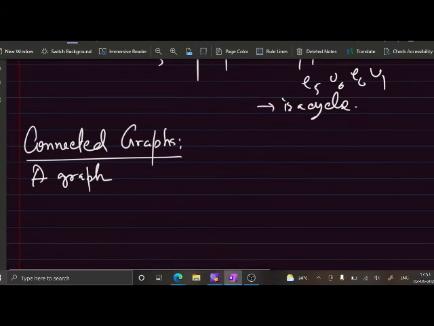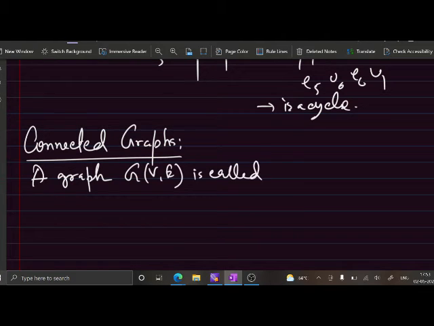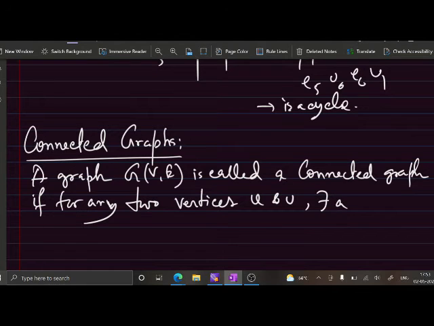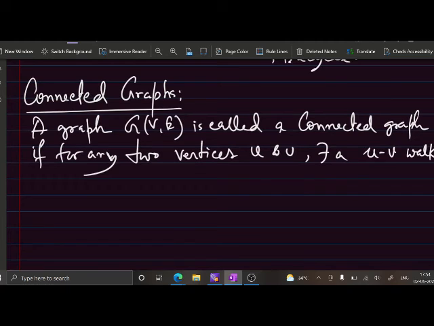That is, a graph G(V, E) is called a connected graph if for any two vertices u and v of the graph there is a u-v walk in the graph.